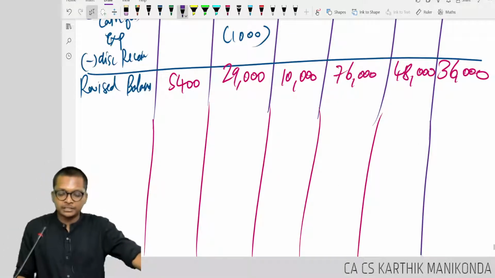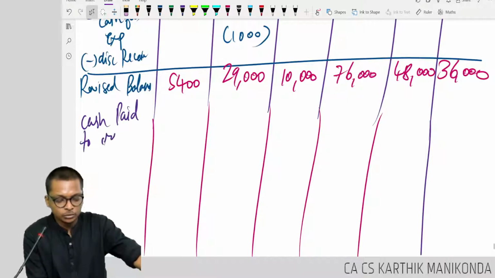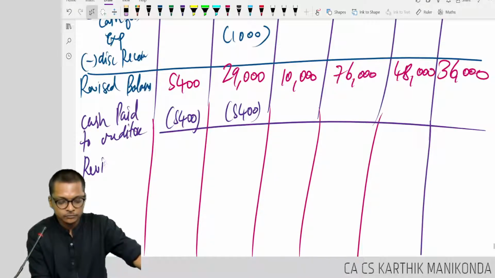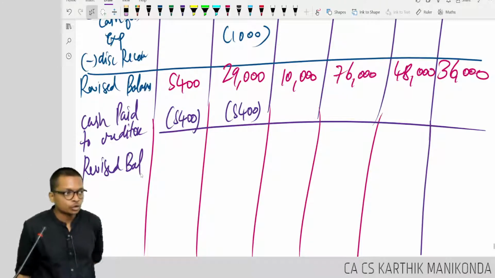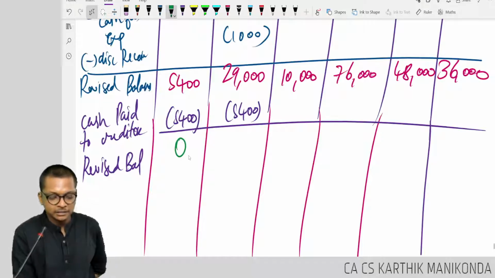After this, what will I do next? Cash paid to creditors. So minus 5,400, minus 5,400. Again I will write revised balance. I am doing it in detail, so you will understand every step. Now what is the revised balance of cash? 0.